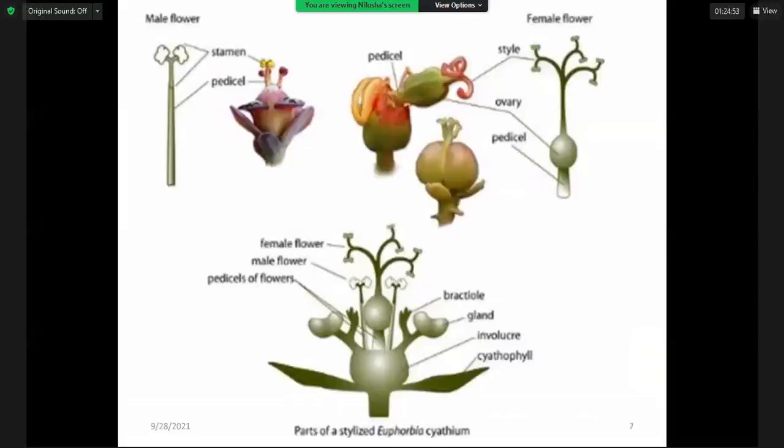Here you can see the female flower and male flower on the inflorescence. In the male flower, there are stamens and the pedicel. The female flower has the ovary with the pedicel.